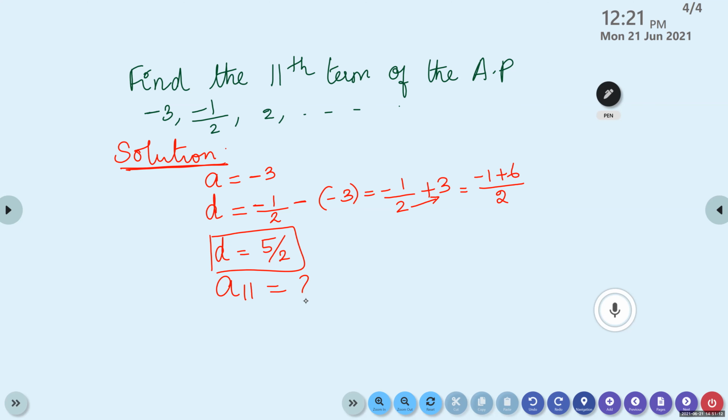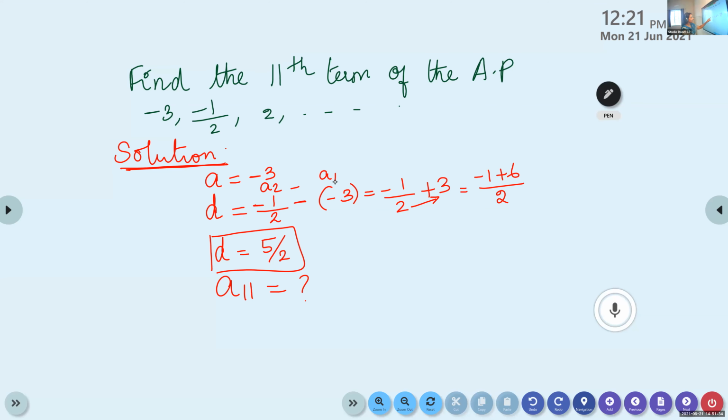Ma'am, can you explain once more how we got the D? D is A2 minus A1, second term minus first term. What is the second term here? Minus 1 by 2. A1 is minus 3.